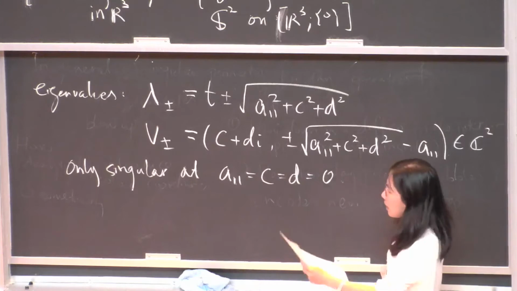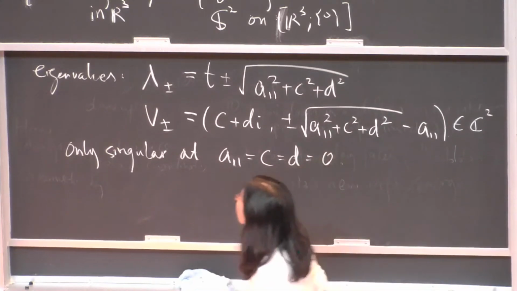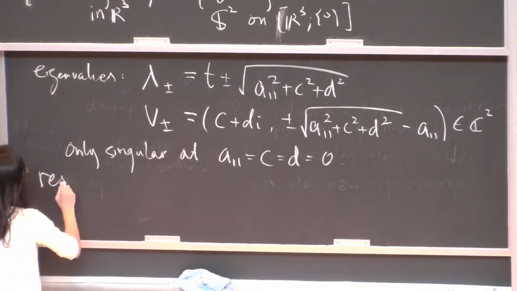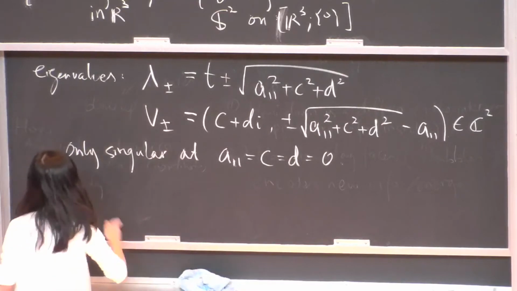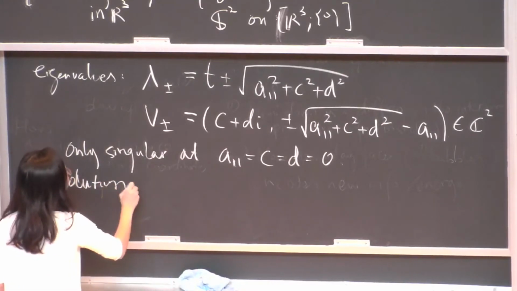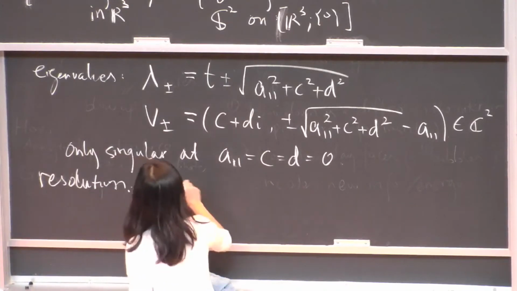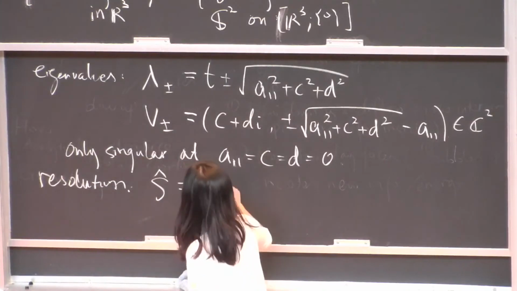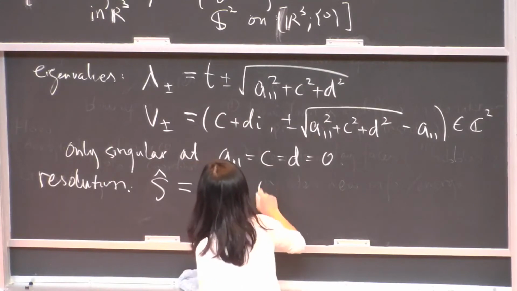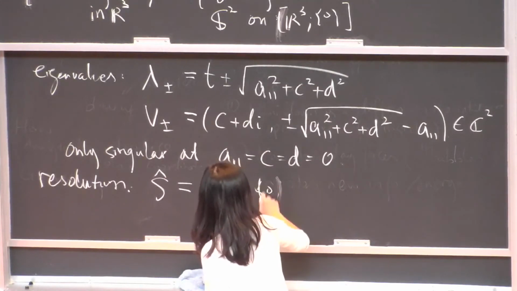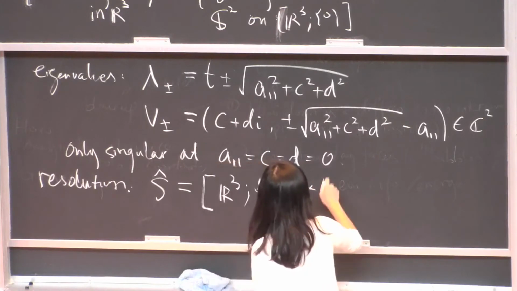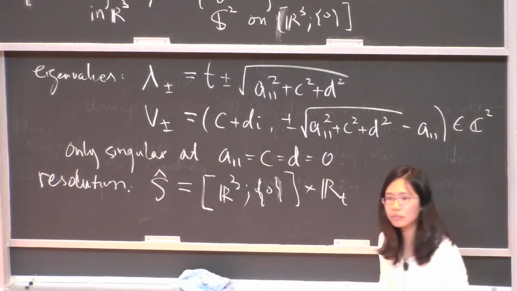Therefore I'm just going to do the same blow up that I did for example 0, and introduce the following S hat, which is given by R^3 blown up at 0, cross R_T.